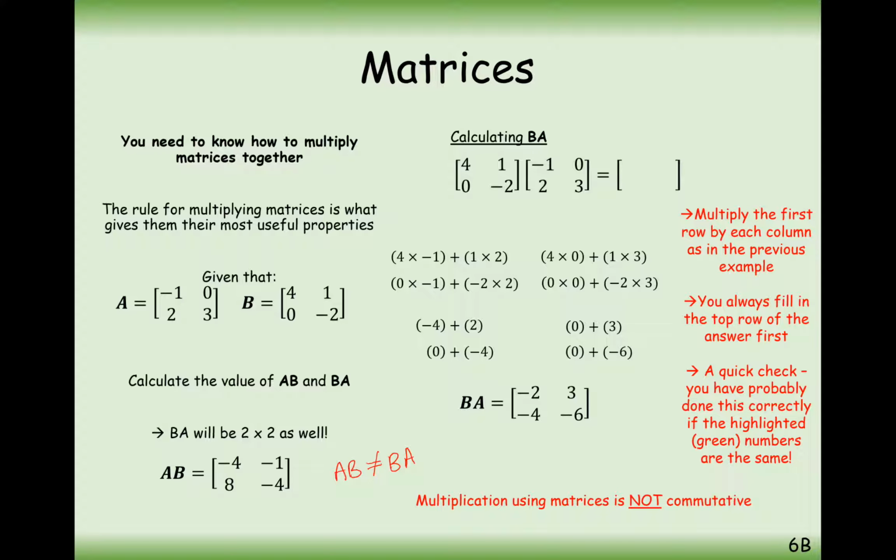In fact, we've done this with square matrices. If you were to do it with non-square matrices, if possible to multiply these two matrices together, you would get matrices of different sizes as well. Okay, so this means that multiplication does matter, and you can't reverse the order of multiplication to suit your needs.